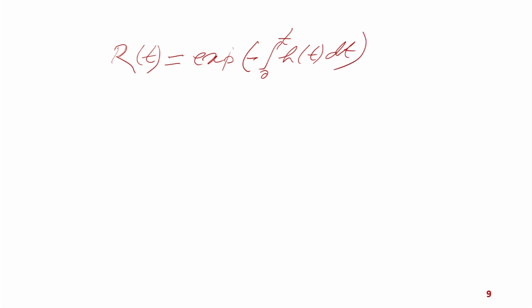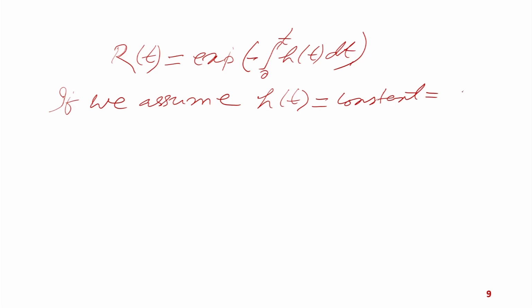Okay. So now, the expression for the reliability function is R(t) equal to exponential of minus the integral from 0 to t of h(t) dt. Now, let us assume that this h(t) is constant with time, equal to lambda.